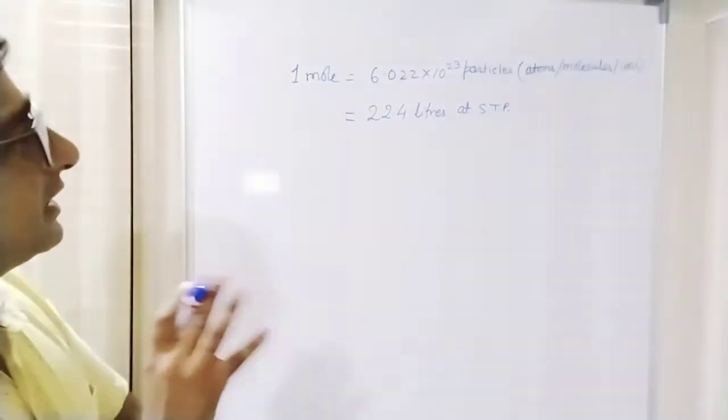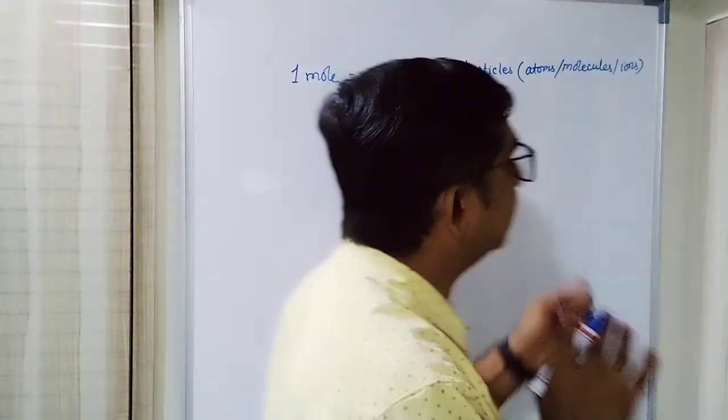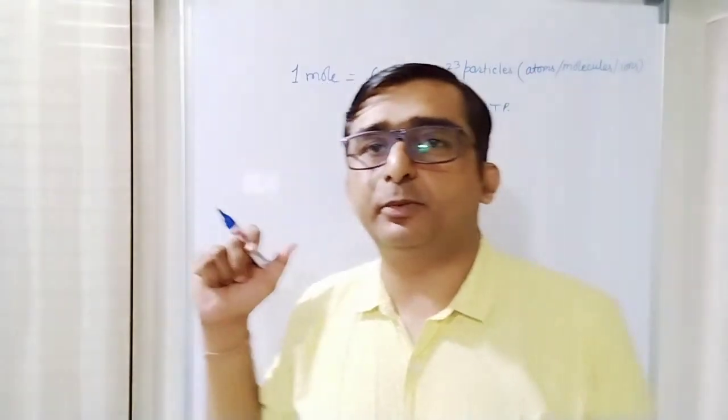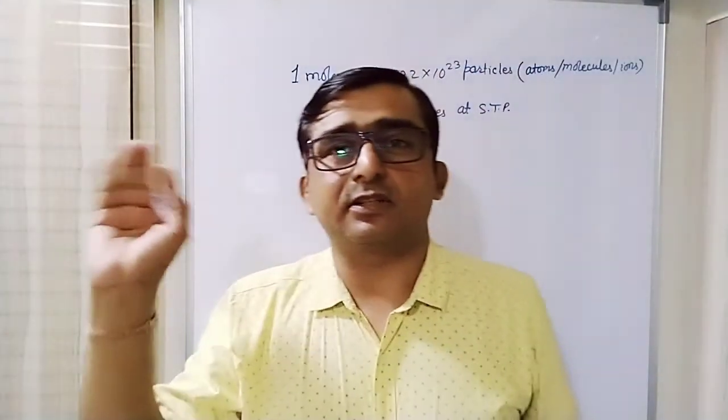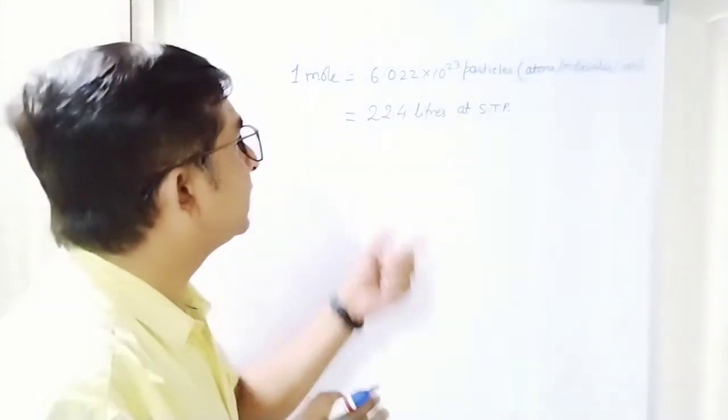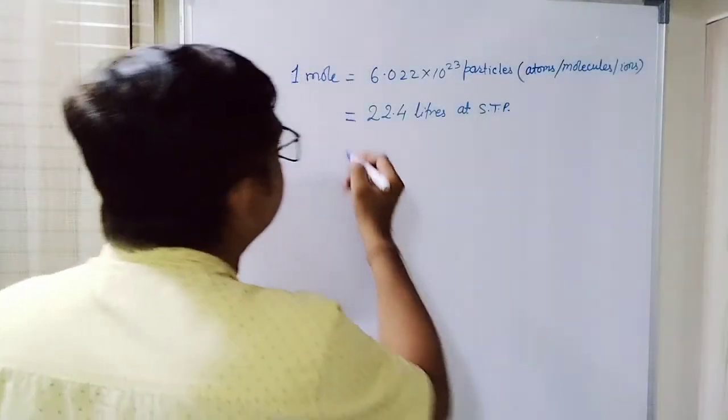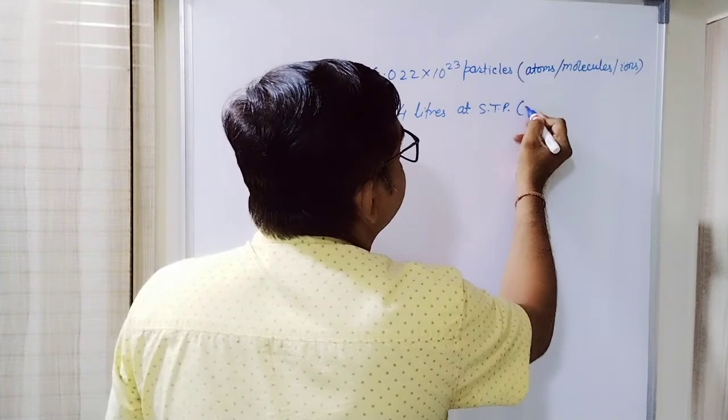STP, NTP, more or less it is the same. We'll discuss that in the states of matter chapter, as a little bit of a small difference could be there. So 22.4 liters, and this is if it is a gas.